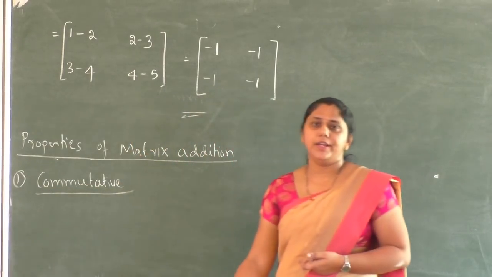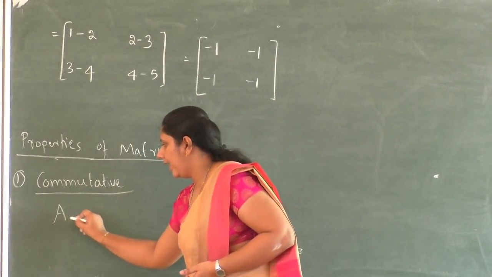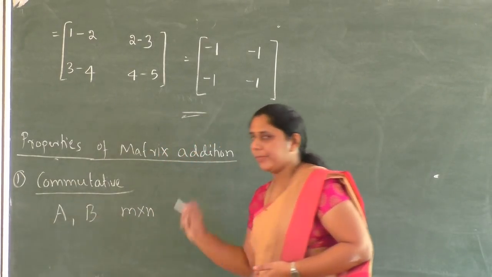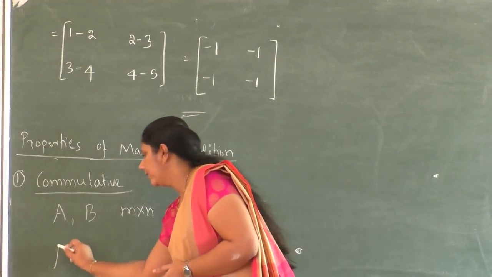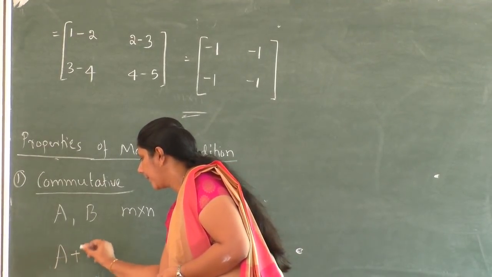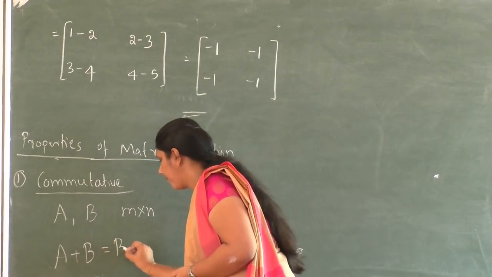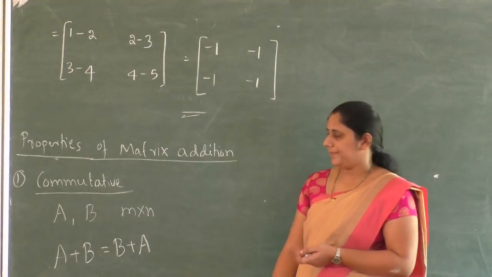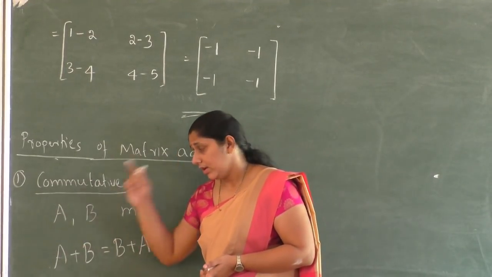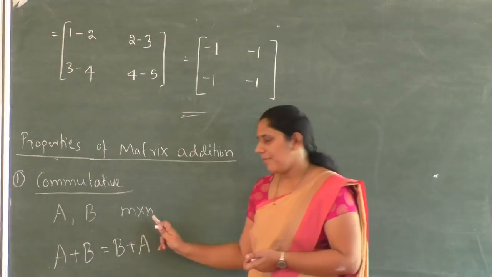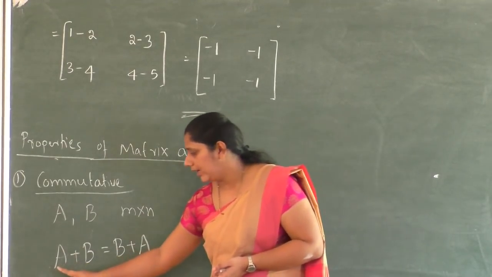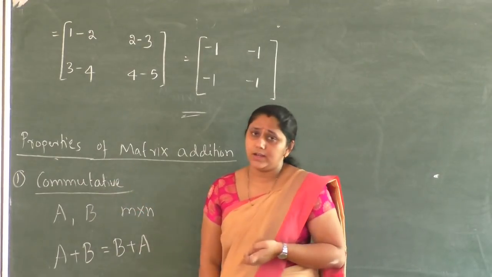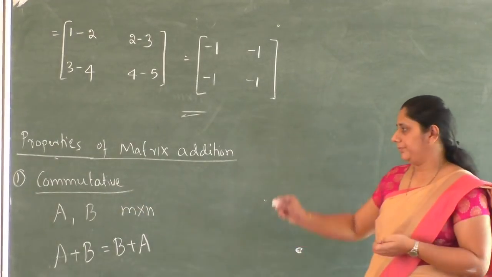That is, for any two matrices A and B of same order, say m cross n, we have A plus B equal to B plus A. So for any two matrices A, B of same order n cross n, we have the property A plus B equal to B plus A, and this property is called the commutative law.